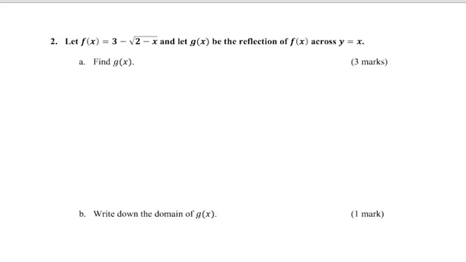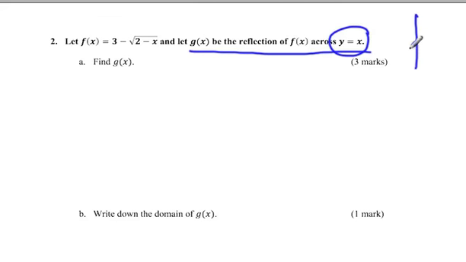Okay, so now let's look at number 2. Let f of x equal that, and let g of x be the reflection of f of x across y equals x. Let me underline that again: y equals x. What does that mean? Where have we seen that before?